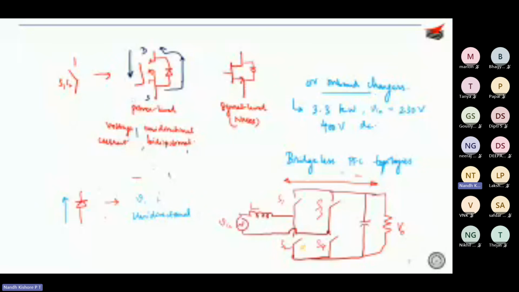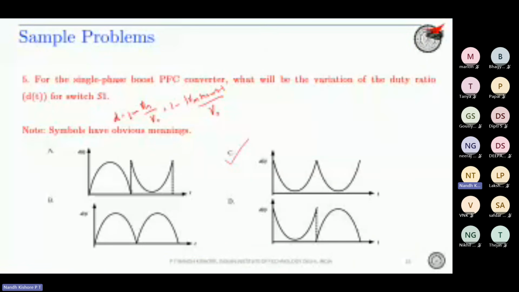It's just a trivia; you will learn about it when you learn the converter. But options C and D are relevant if you don't have a diode bridge. Here we are having a diode bridge which rectifies, and that's why you get option C. Options A and D are also valid, but they are for a different converter.